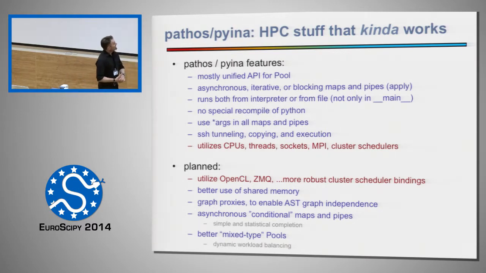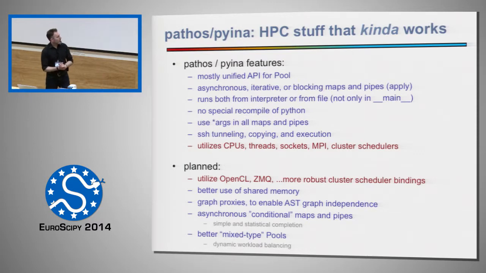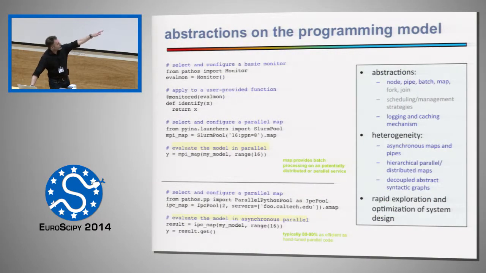We have things like running the maps not just from main, but actually from interpreted code, asynchronous, iterative, non-blocking maps and pipes. So there's still a lot to do. I want to leverage, I had PyCUDA, but I want to do OpenCL, and I want to do better use of shared memory.